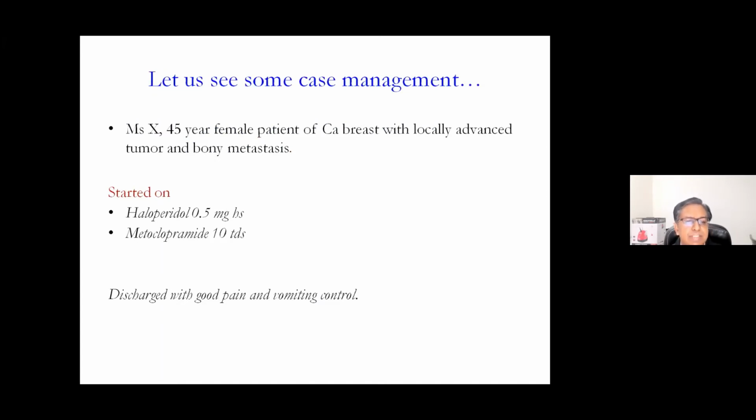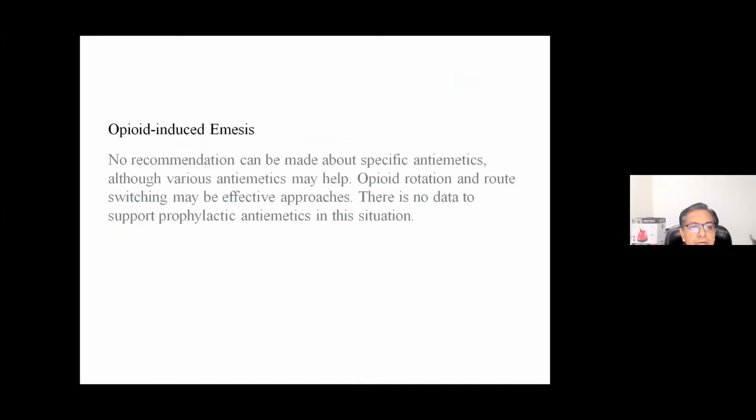So this patient was started on oral haloperidol 0.5 milligram HS and oral Perinorm 10 milligram thrice a day. The patient had good pain control, and subsequently was converted to oral therapy, and was discharged with good pain and vomiting control.